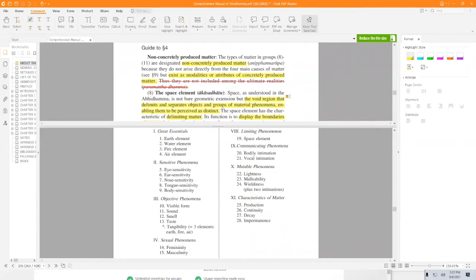Okay, thank you, Bhante. Then there are a couple of questions about the higher realms. Could I just ask you those? I suppose we should. Okay, if I could take them quickly. One is, why would there be nutriment in the fine material realm if there's no nose, tongue, or body sensitivity?